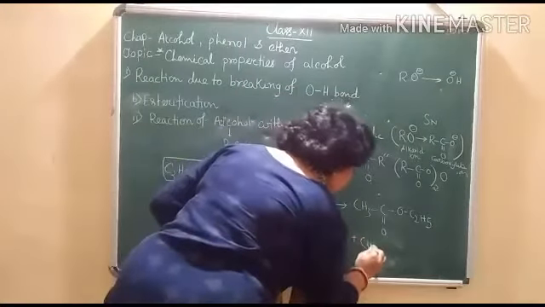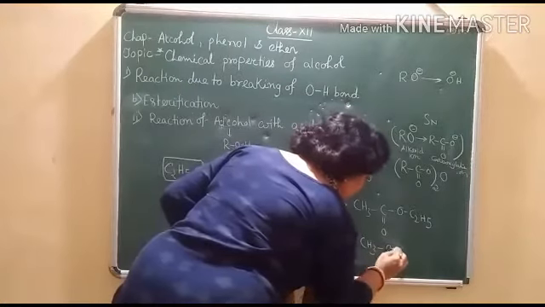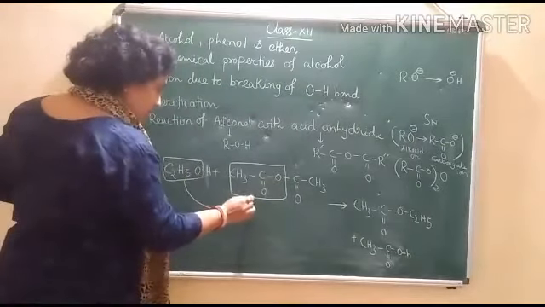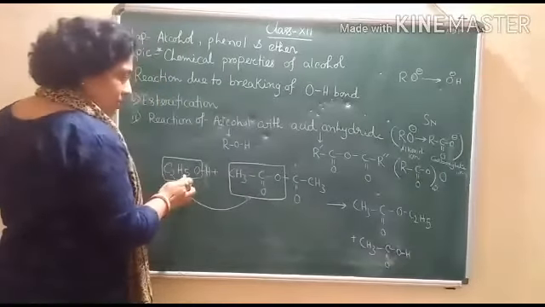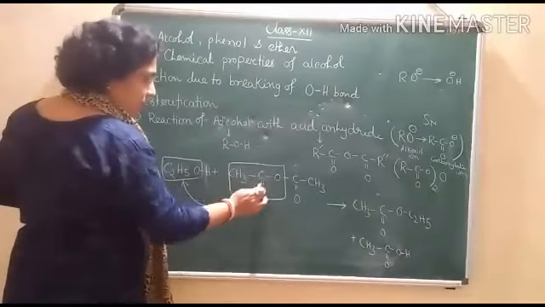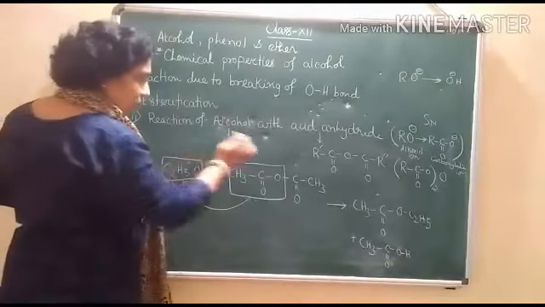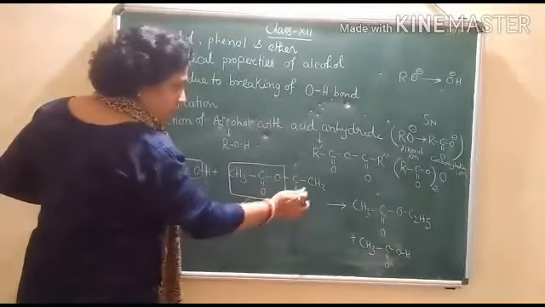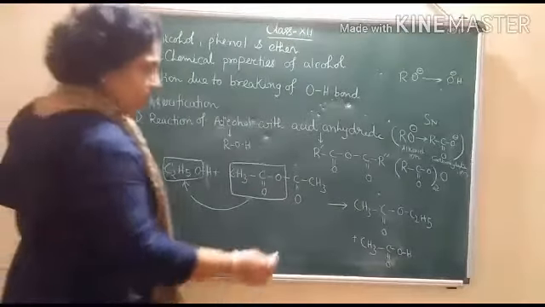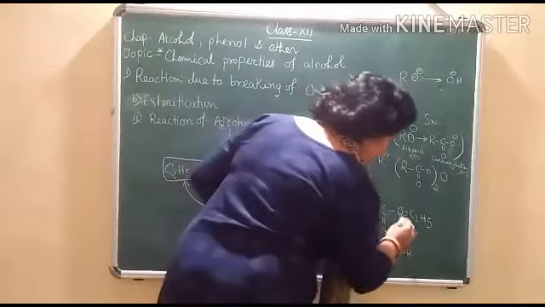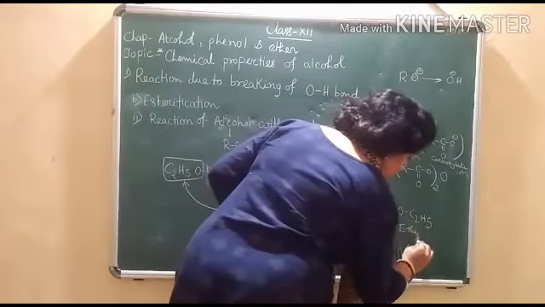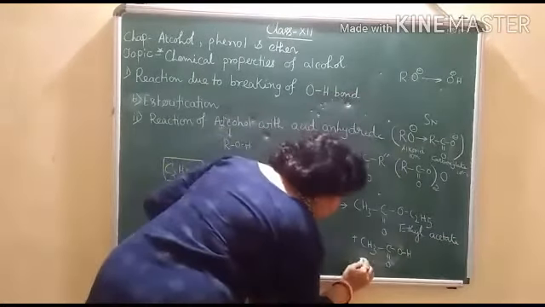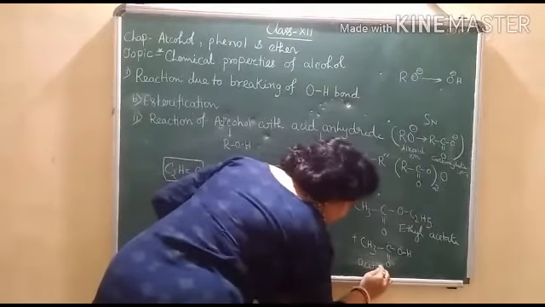Another product will be CH3COO and H. This whole group will come here. So what are you getting? CH3COOH, and the other one, C2H5OCOCH3. So two products we have got, and this one is the ester, ethyl acetate, and this one is acetic acid or ethanoic acid.